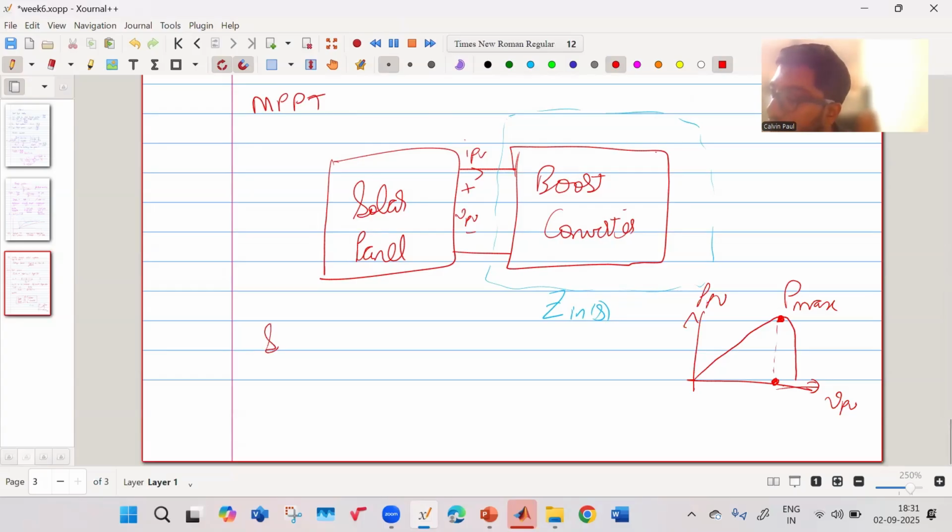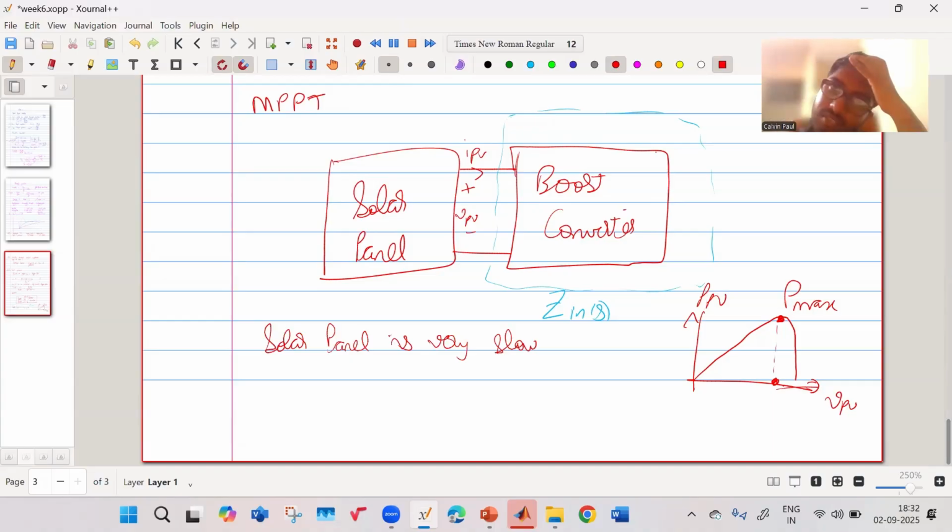And since the solar panel is a very slow thing, like your sun, it doesn't become dark instantaneously. It takes a lot of time. If you have worked on solar panels, you know that the characteristic curves change depending on the temperature and on your irradiation, that is the intensity of your sunlight.